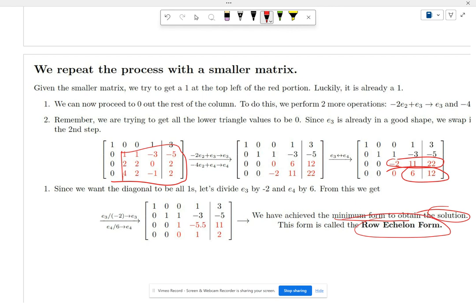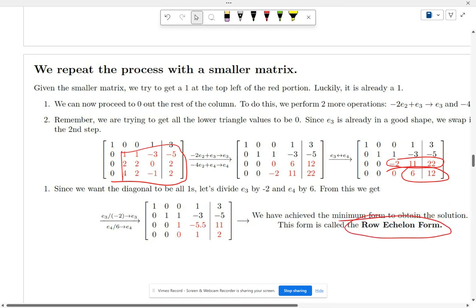This is called the row echelon form. The row echelon form is just when the bottom part is all zeros. Remember, previously the ideal case was the top triangle and the bottom triangle all zeros. But if you reach this form, it essentially allows you to solve the solution pretty easily.